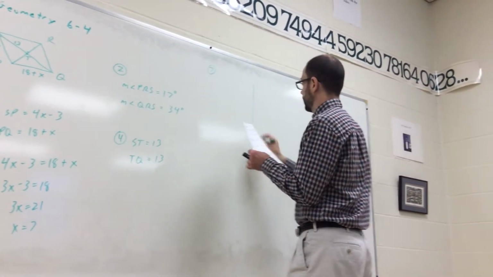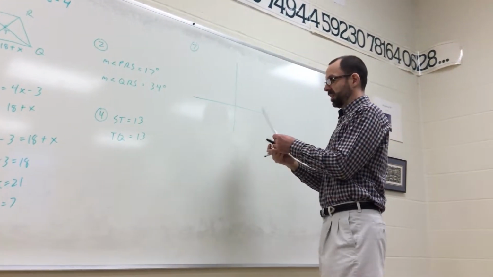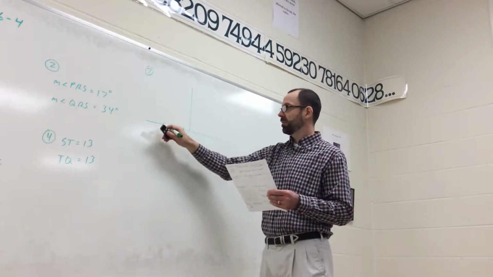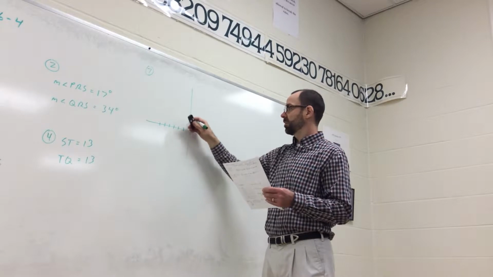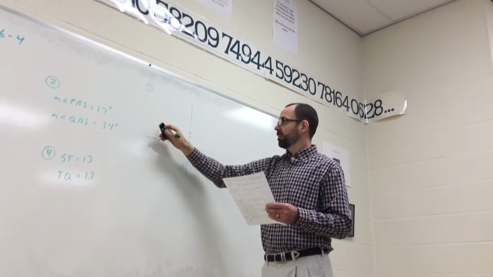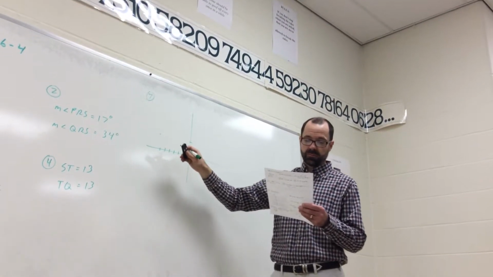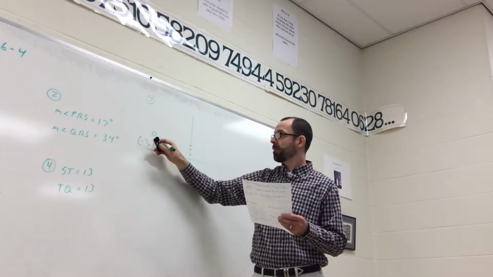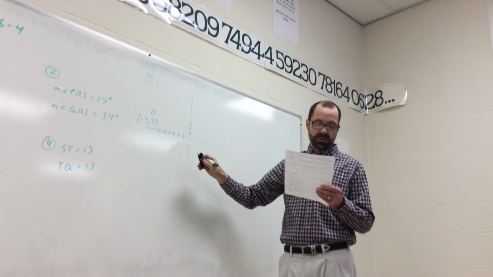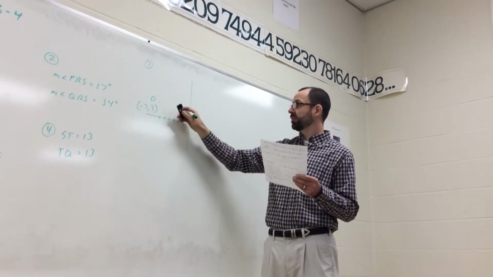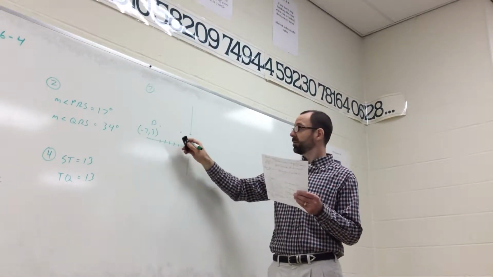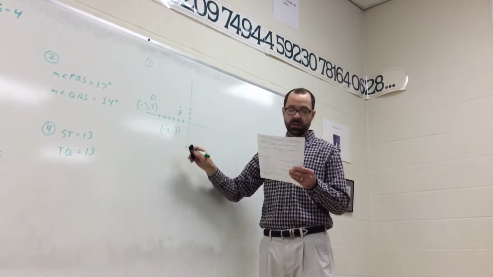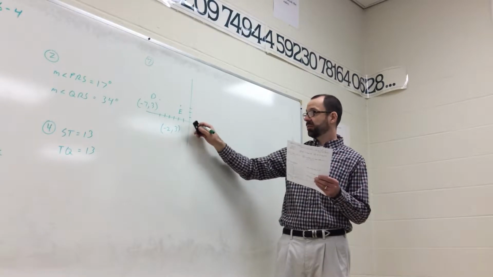So we've got x-axis, y-axis. The first point is negative 7, 3. The second point is negative 2, 3. And there's 1, 7.